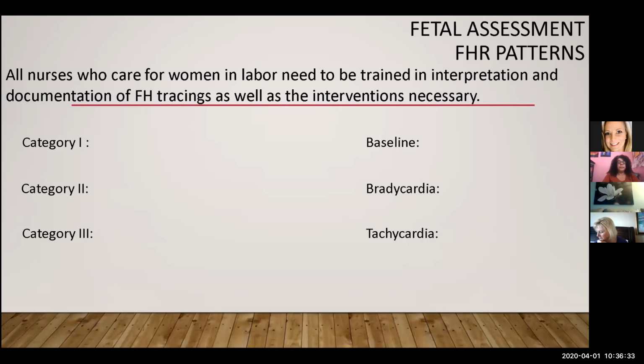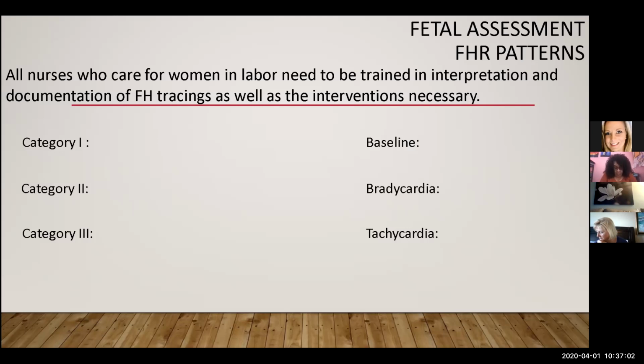Bradycardia is the initial response of a healthy fetus to asphyxia. It's caused by fetal hypoxia, prolonged maternal hypoglycemia, fetal acidosis, narcotic medication for pain management, hypothermia, epidural for pain management, maternal hypotension. So again, that's where that epidural comes in.